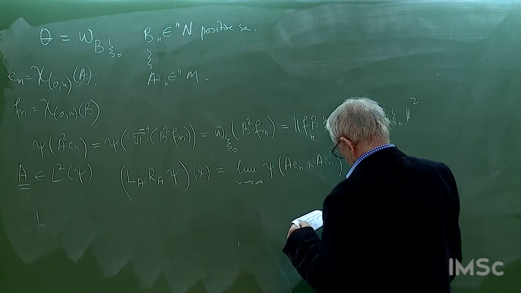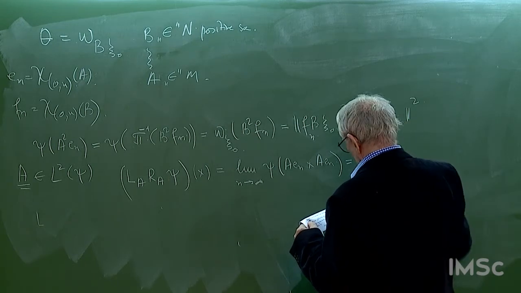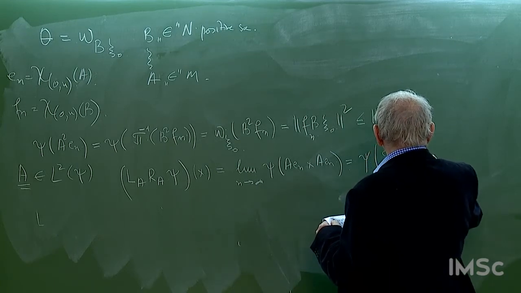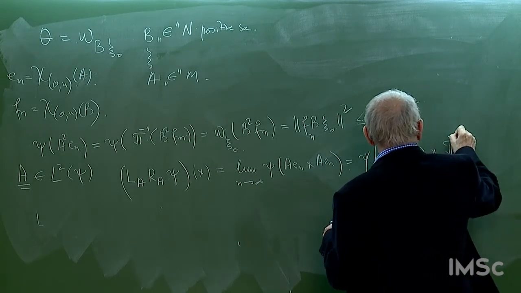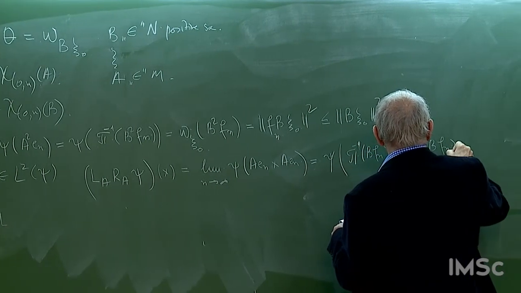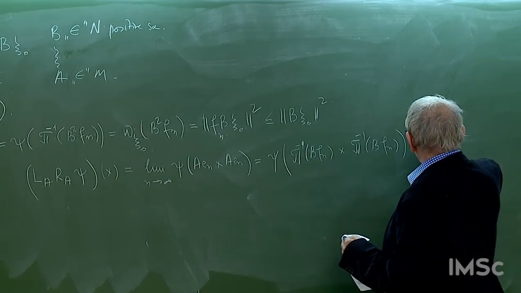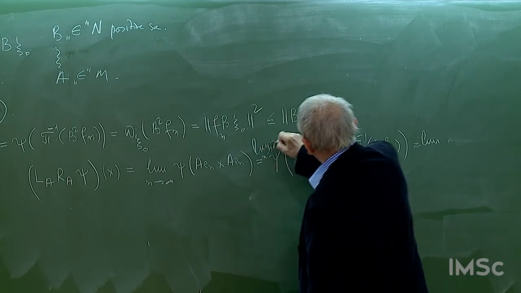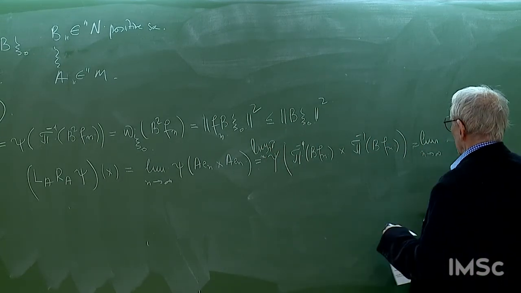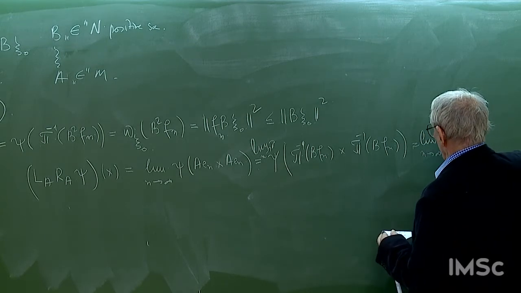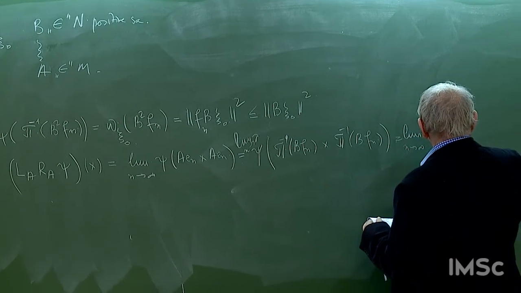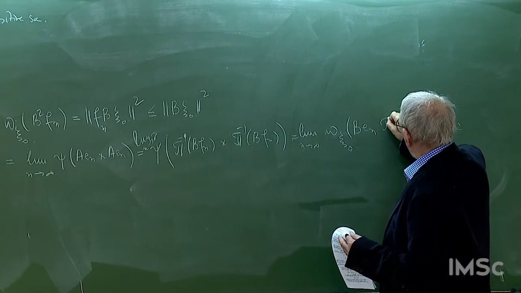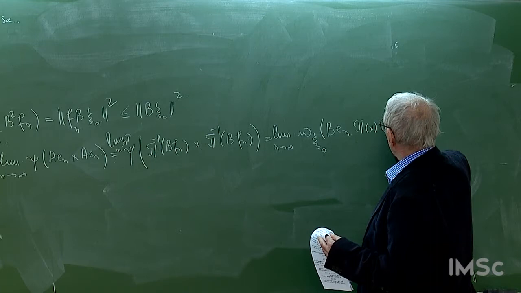Now this is equal to psi of P minus 1 of B F_n X P minus 1 of B F_n, which is the limit when n is going to infinity of omega xi 0 of B F_n pi of x B F_n.